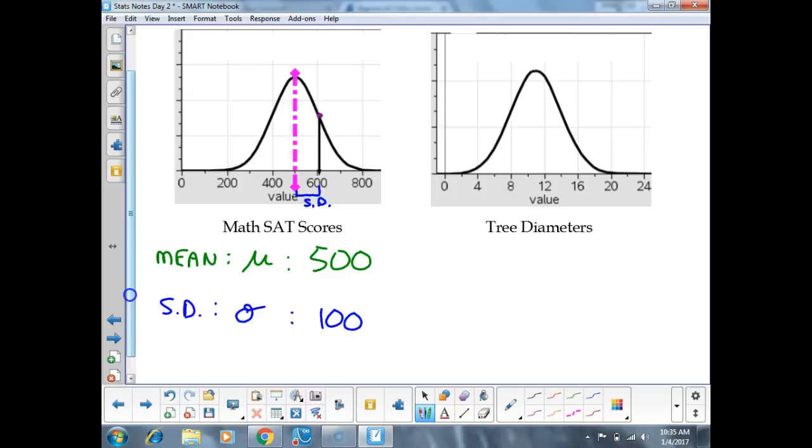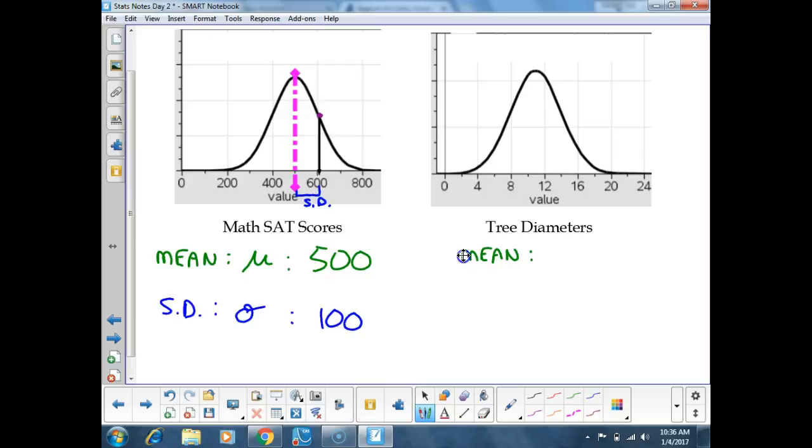Agreed? Okay. What I'd like you to do now is find me the mean and the standard deviation for the tree diameters. What do we get for the mean of the tree diameters? About 11?